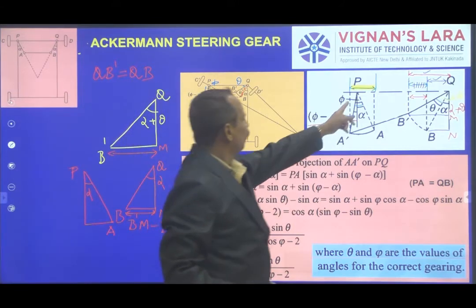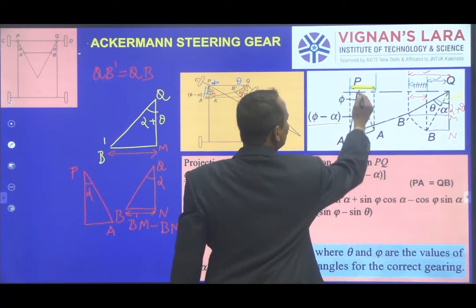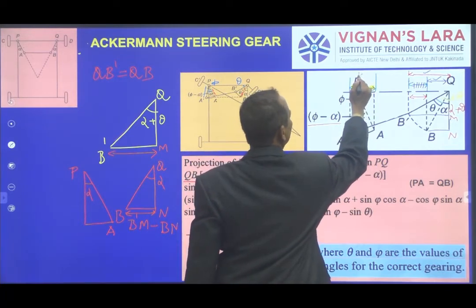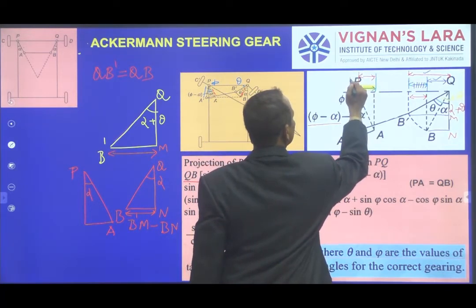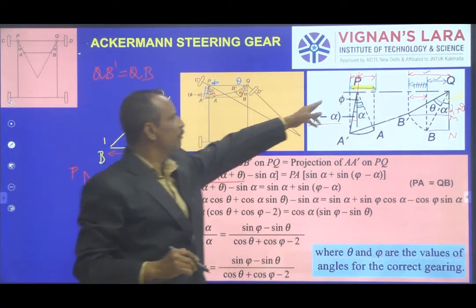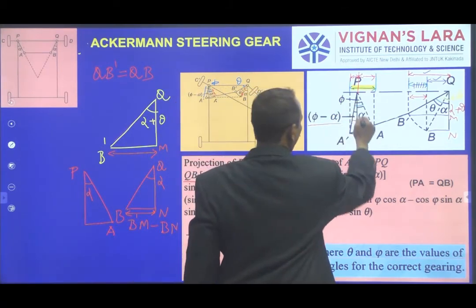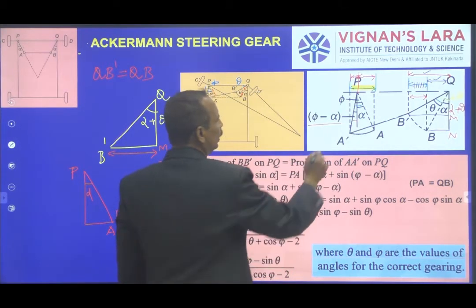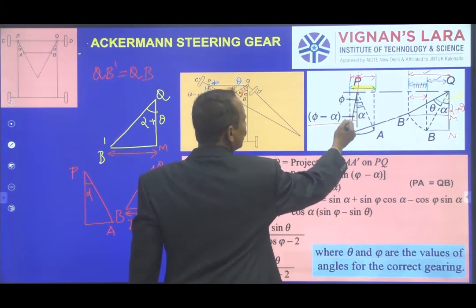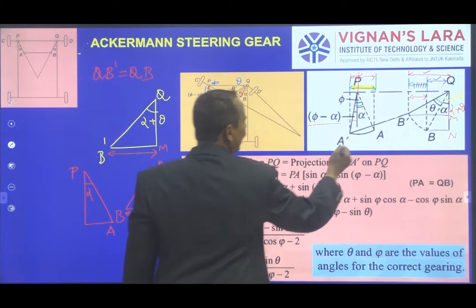I am adding these two, that means this and this. The addition gives this yellow portion. How do I get it? This is already obtained, PA sine alpha. Then what is this angle? Sine phi minus alpha.